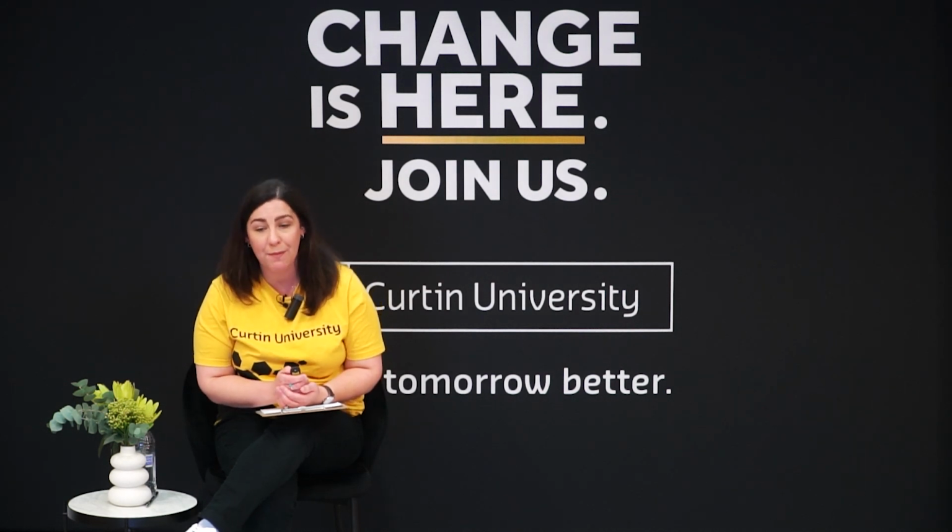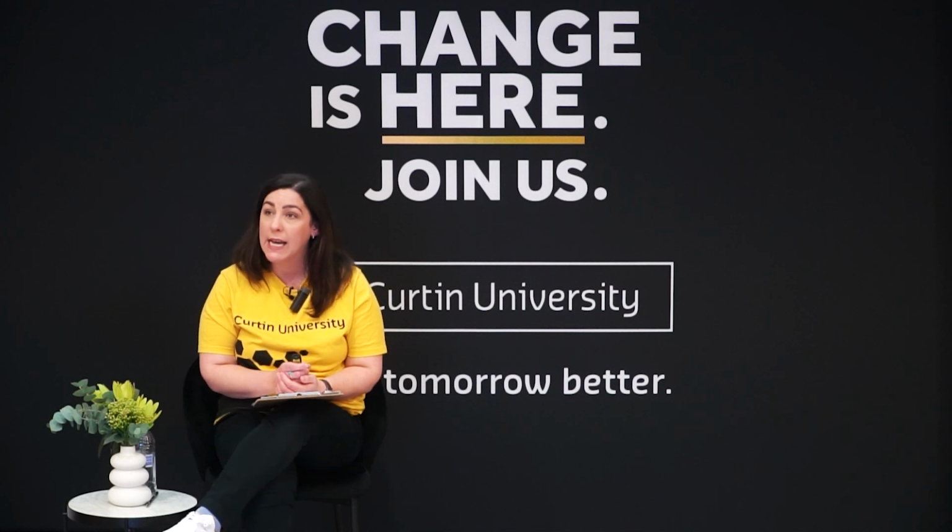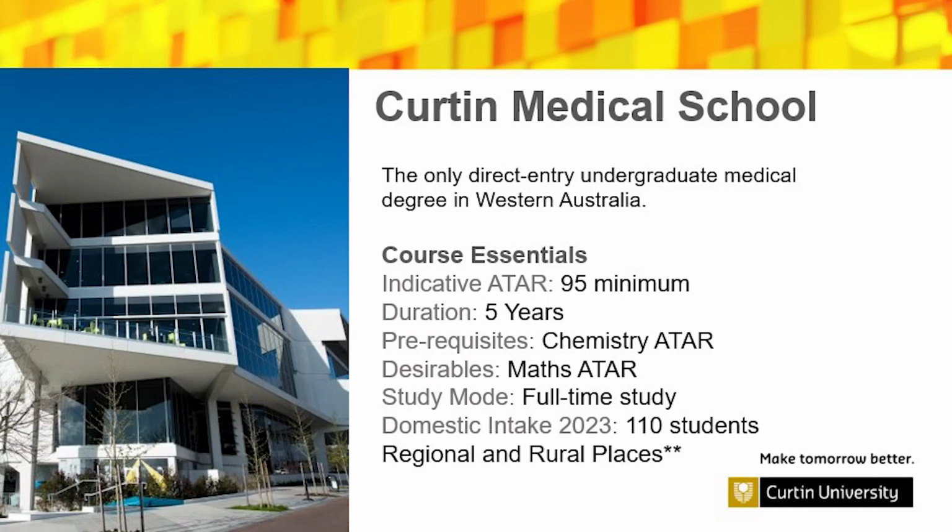So a little bit more about Curtin Medical School. Our course essentials are quite challenging and they are reflected on the fact that we do only have around 110 places for students next year. These student places are unlikely to change in the near future.